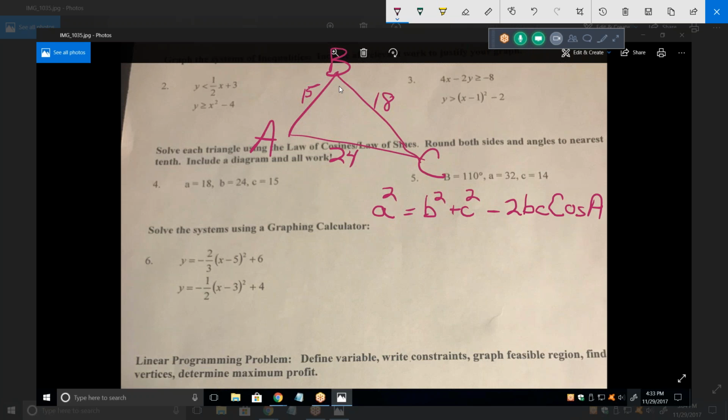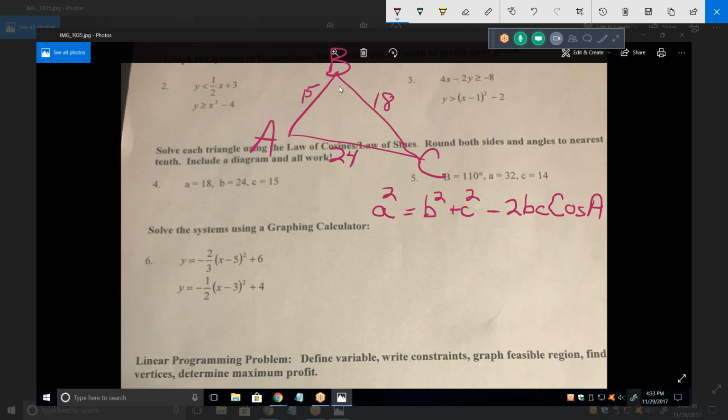This is always the same letter as is on the left side. And it's important to understand that capital letters are angles, little letters are side lengths.